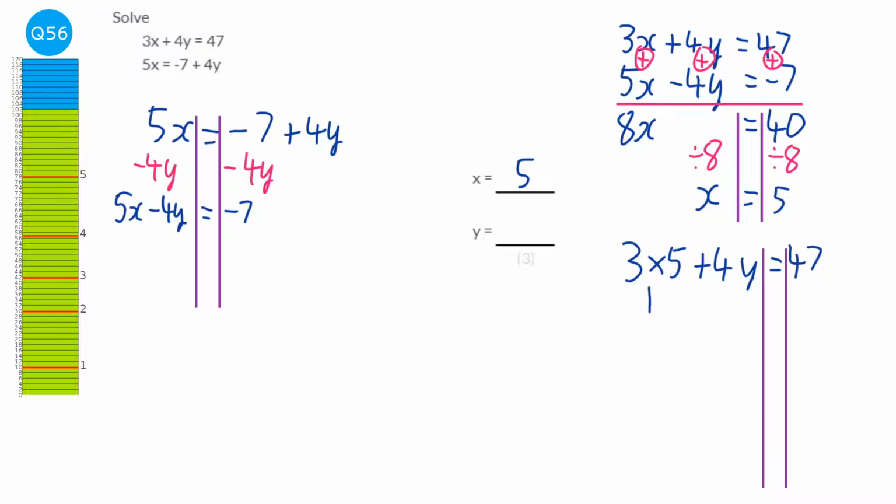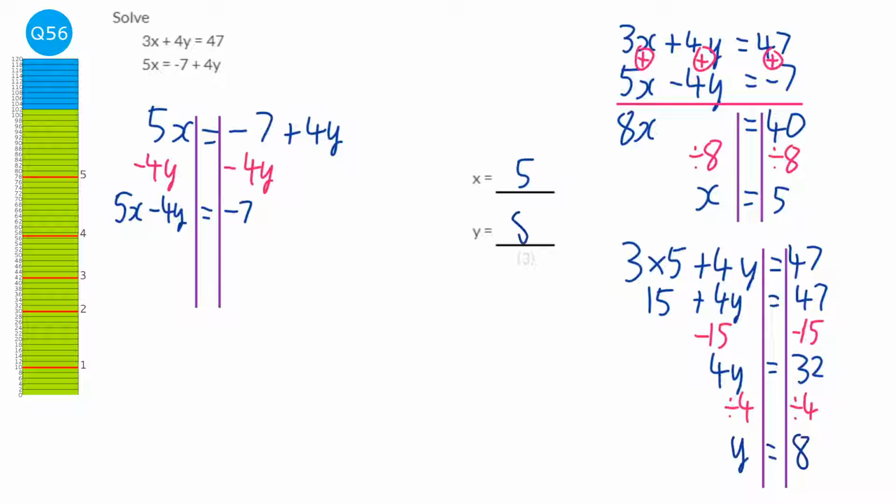So that will be 15 plus 4y equals 47. And then we're going to take away the 15 both sides. And so it's 4y equals 47 take away 15, which is 32. Divide by 4 both sides, and we get y equals 8.